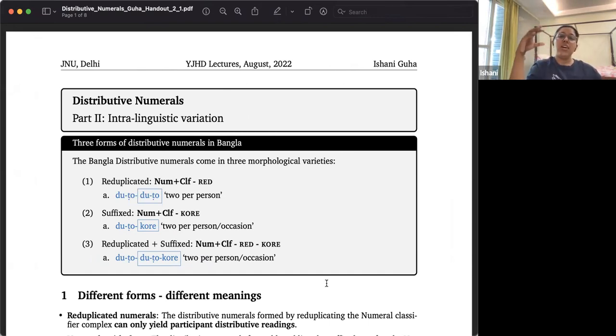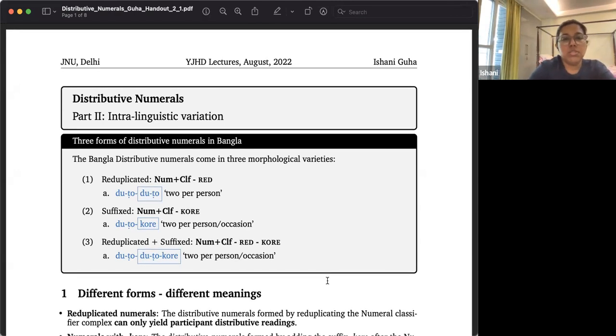That is, what kind of distributional or interpretational difference we see in a language within the various forms of distributive numerals, and what can we make out of it? So how to make sense of it?